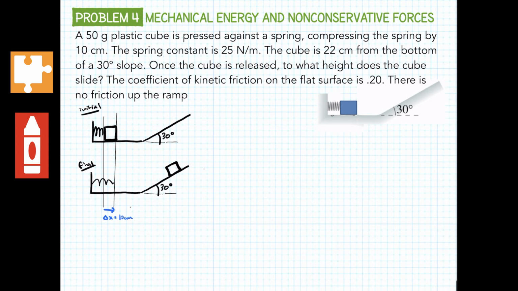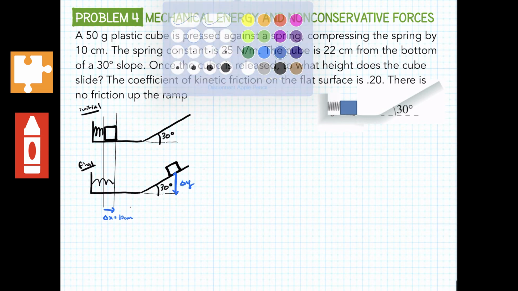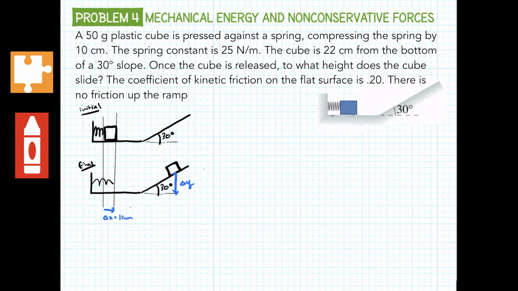We also need to know from here to here, this is going to be delta Y. We know this distance from here to here is where the friction is.